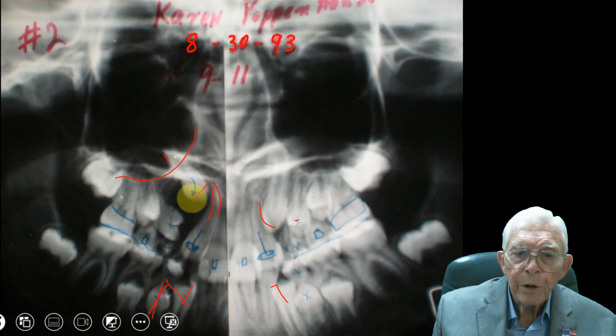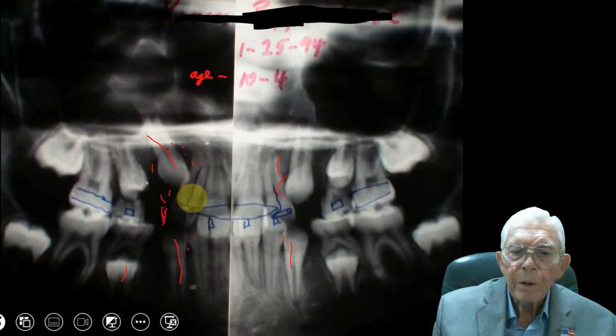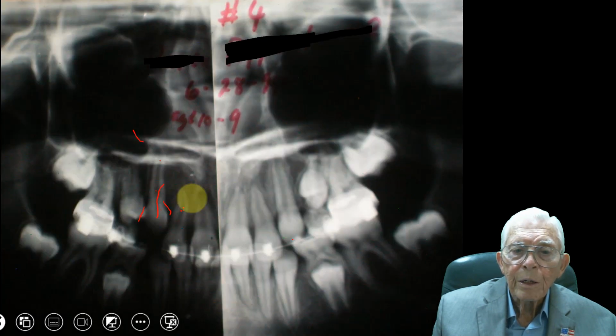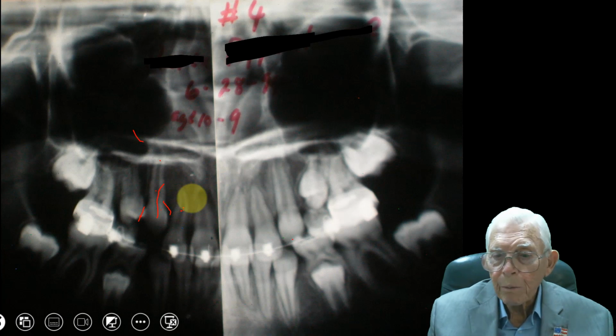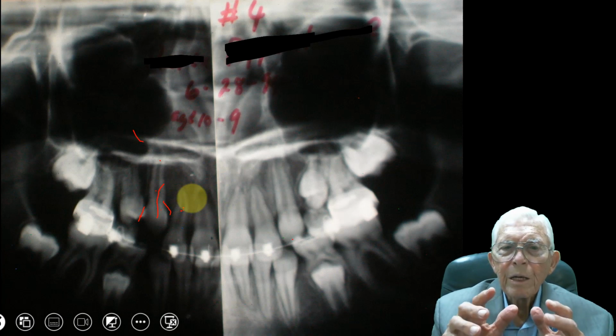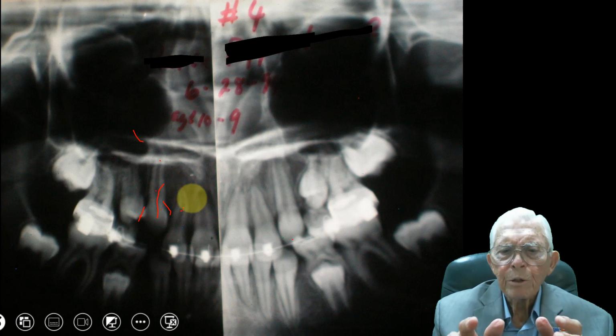Watch the root of it come out of that sinus there. I'm going to go one jump. There it came out part of the way and headed down. And here is another gap in there, and the tooth is headed straight down in the mouth. Now, you need to understand this kind of movement of children's teeth.